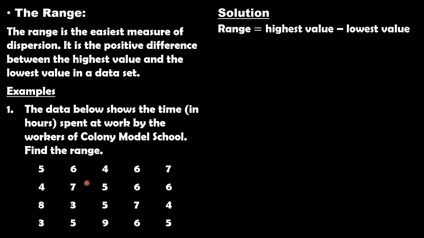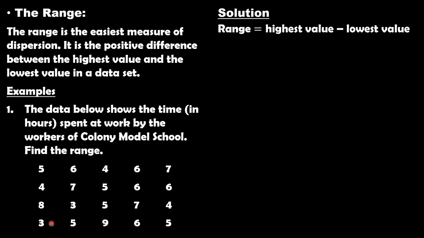In the second, 3 is also the lowest value. In the third, we have 4 to be the lowest value. In the fourth, 6 is the lowest value. And in the fifth, 4 is the lowest value. Then we can see that in the whole data set, 3 is the lowest value we have there.